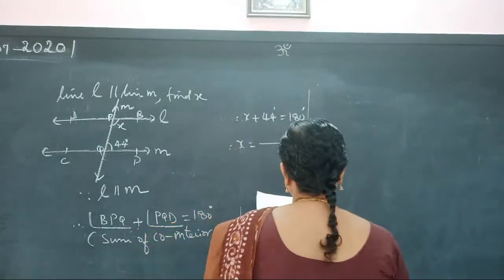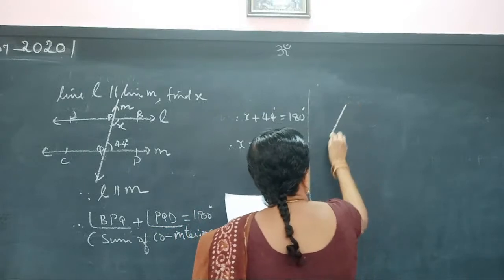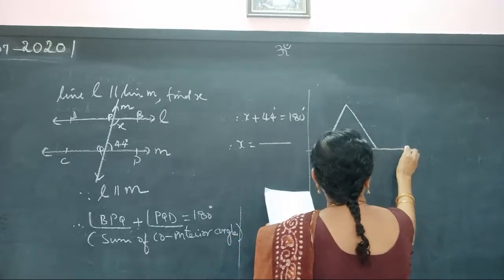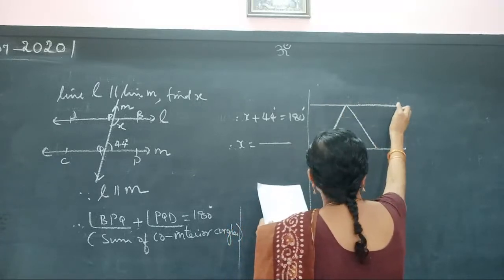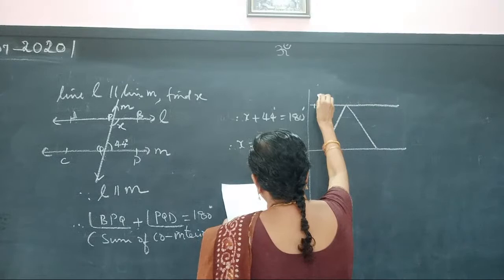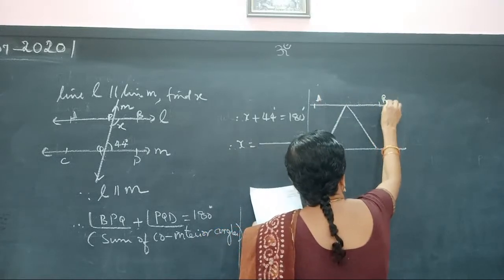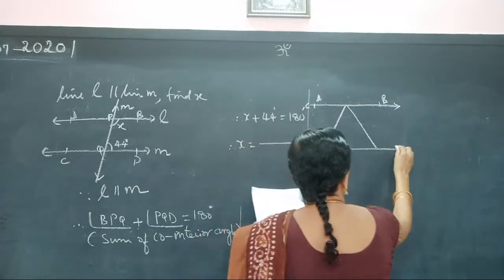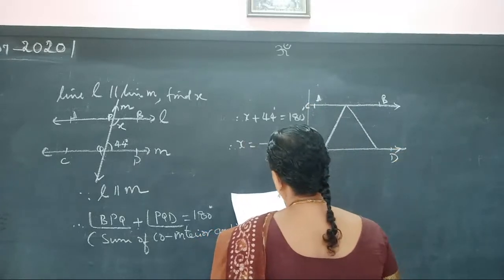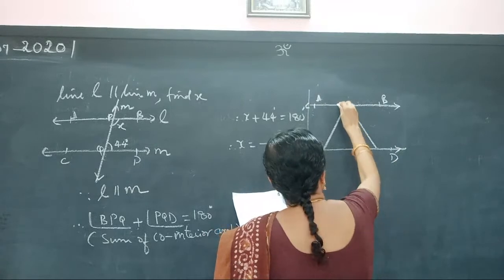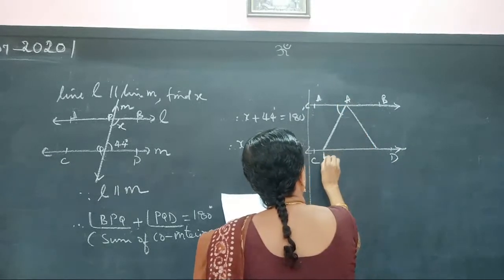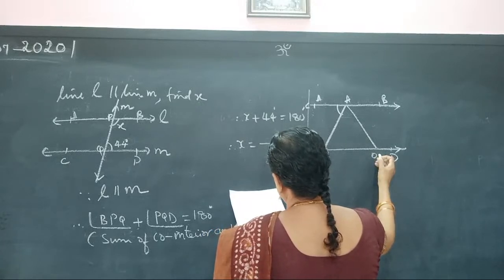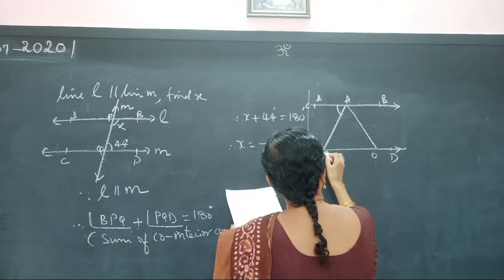It is given. This is the figure. Take the figure which I sent already. Here AB is parallel to CD. Angle APQ is 60 degree.